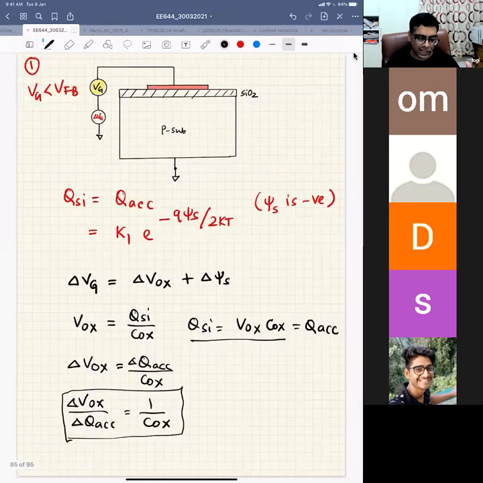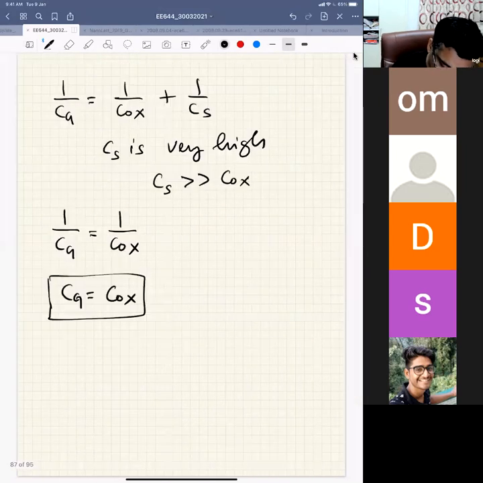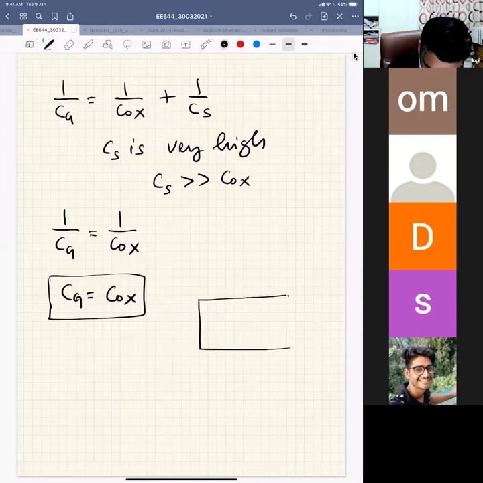So what actually happens in reality? When I'm perturbing, let's say I have my capacitor here, and this is my gate, and this is the ground.